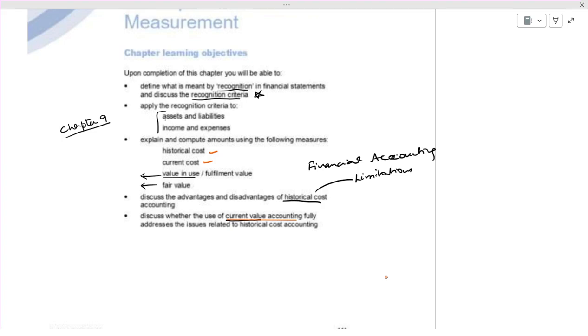Current cost, historical cost, value in use, and what is the next one? Historical cost, current cost, value in use, or fair value. Value in use is otherwise called present value also.